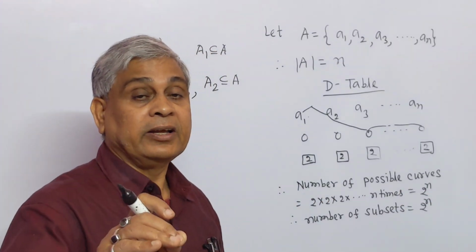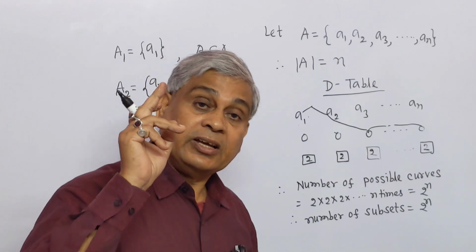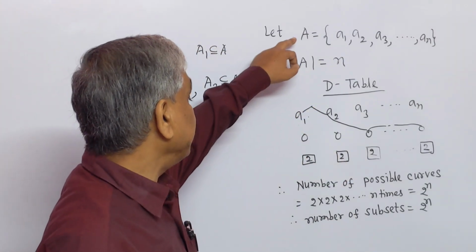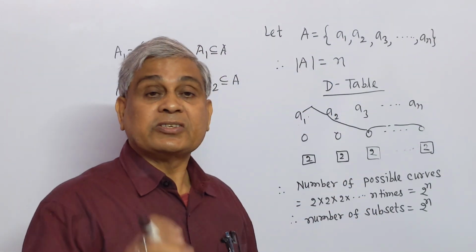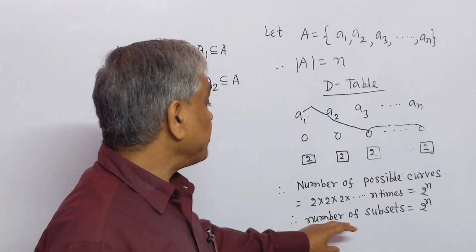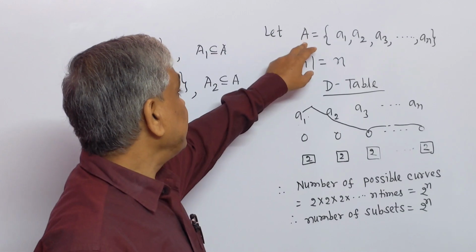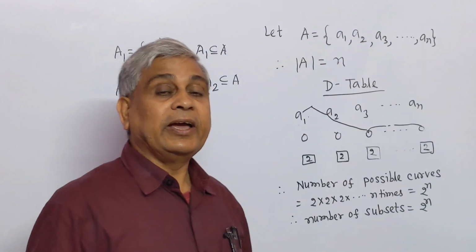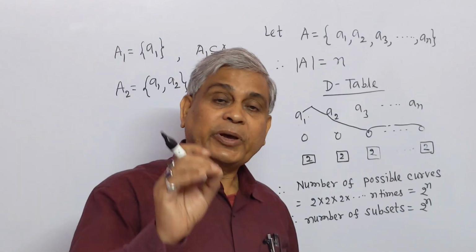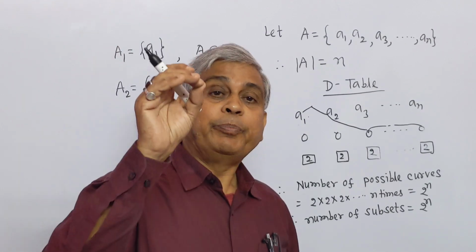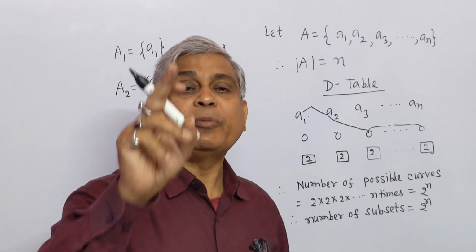Here we see that each curve represents a set which is a subset of the original set A. Therefore, number of possible curves means number of subsets. Therefore, number of subsets equals 2 to the power n if the original set contains n elements. So, our problem is solved: if any set contains p elements, then the number of subsets will be 2 to the power p.